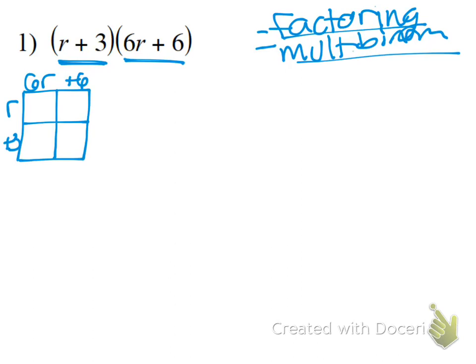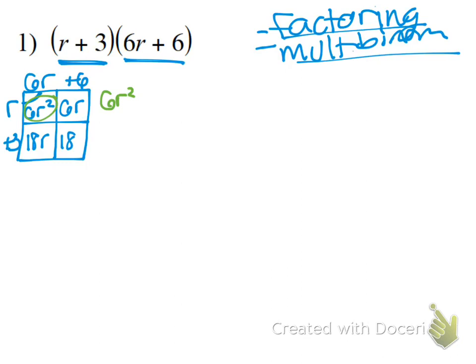Okay, so now that we have this, let's go ahead and multiply. 6r times r is going to give me 6r squared. 6r times positive 3 is going to give me 18r. R times 6 is 6r, 6 times 3 is 18. Okay, so now I can combine my like terms. The only one that has an r squared is 6r squared.